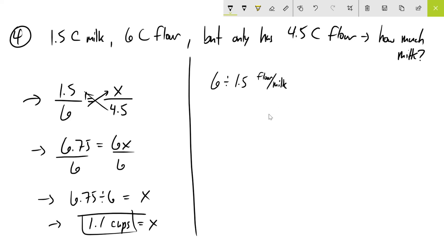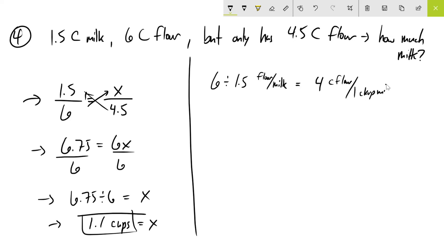Flour per 1 cup of milk. And 6 divided by 1.5 actually divides nicely, right? Because it's 4. So it's 4 cups flour for every 1 cup milk.